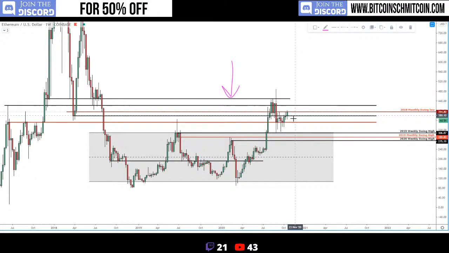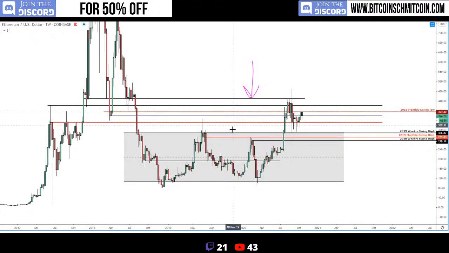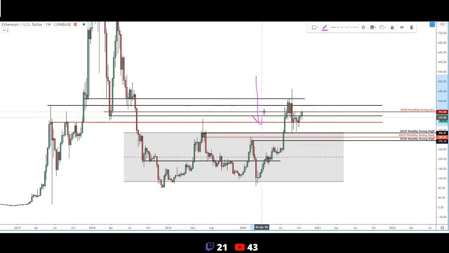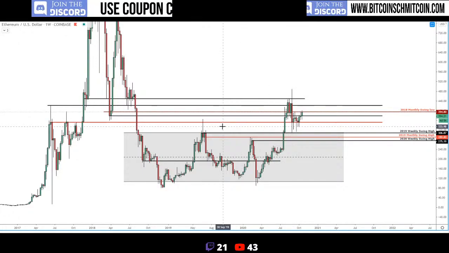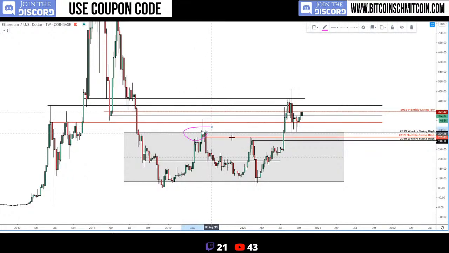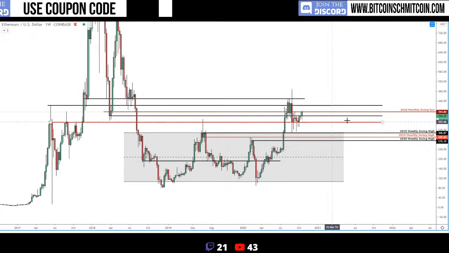We saw a really clean rejection here, came all the way down and got a perfect tap off of here, rallied and closed a perfect weekly candle close here. If you think I'm full of shit, I literally tweeted this out before it happened. I said most bullish situation Ether could ask for is a slam down to here, a rally, and a close right here. Not tooting my own horn, but I'm going to toot my own horn. That's what I said. Okay, I'm sticking to my guns here.